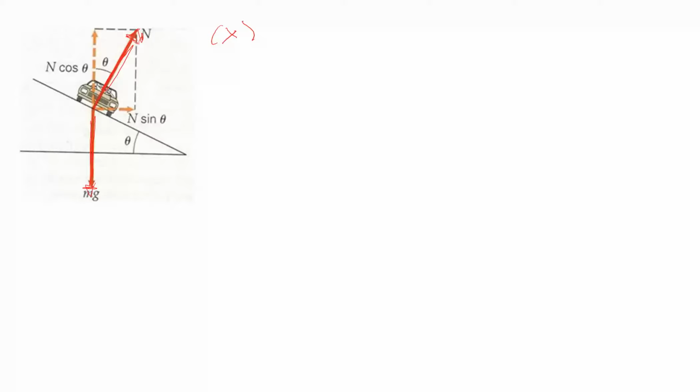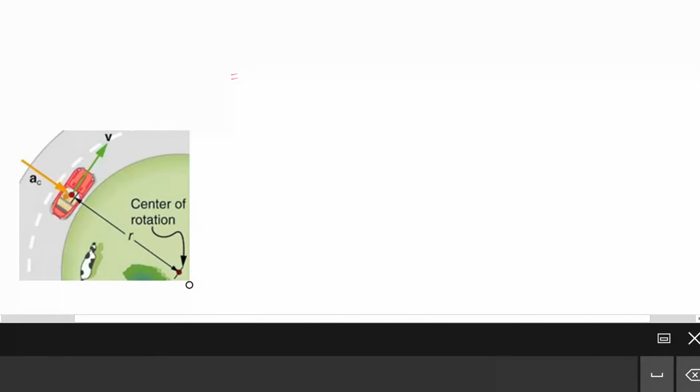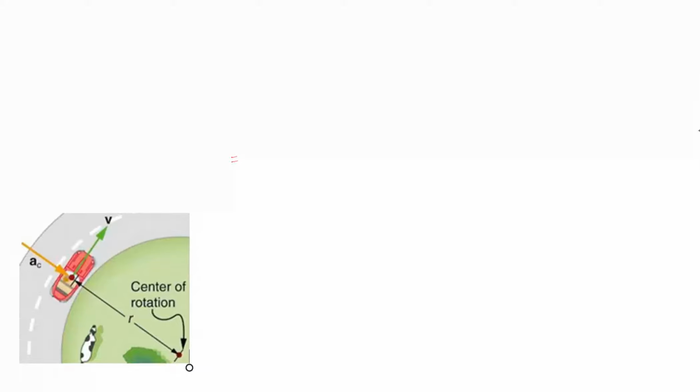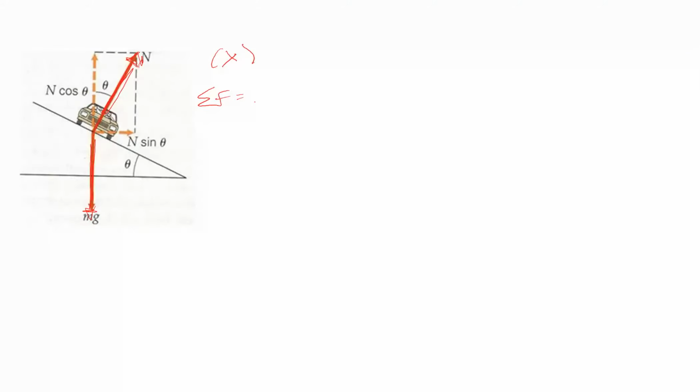Because I am moving in a circular manner, I'm changing my direction and I'm accelerating. So here the net force is equal to mass times acceleration. And the net force is this actual component of the normal force.